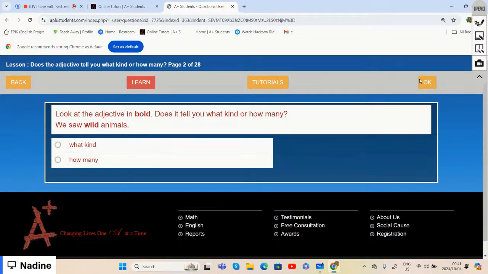The next one says, we saw wild animals. You look at the word wild. Does it tell us what kind of animals? Or option two, does it tell us how many animals? Wild.